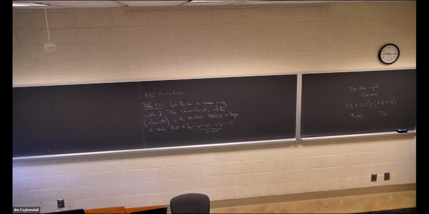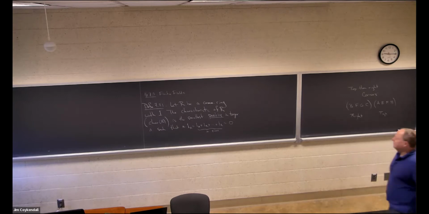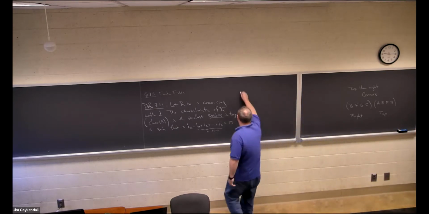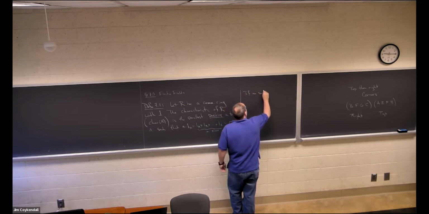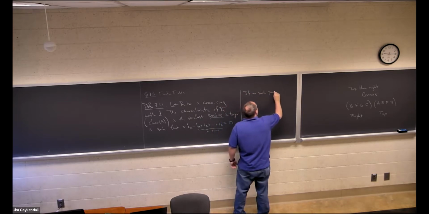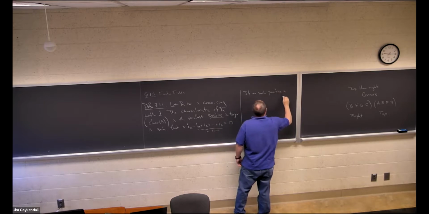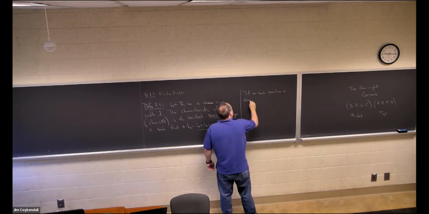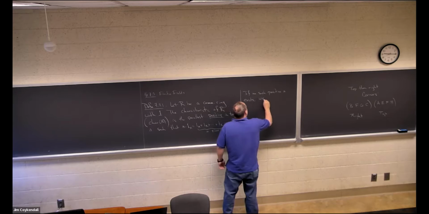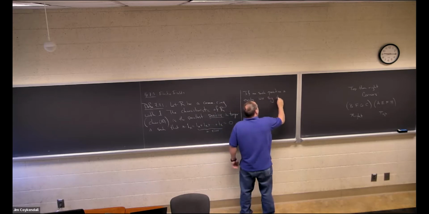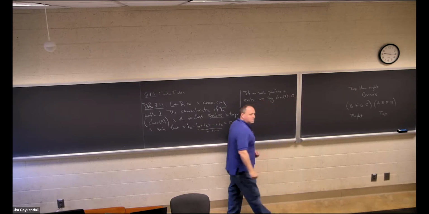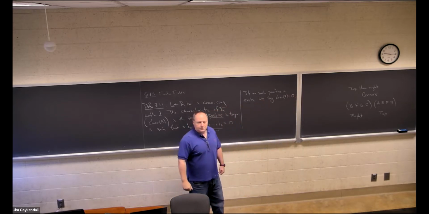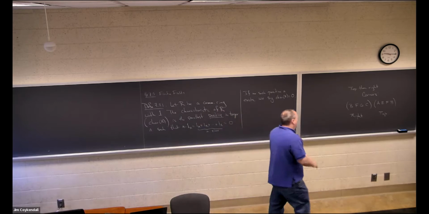Now, let me finish my thought here. If no such positive n exists, we say the characteristic of R is equal to 0.